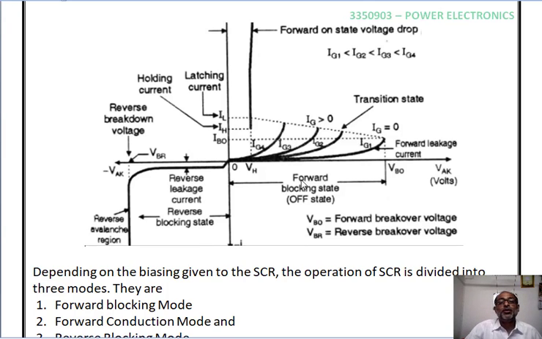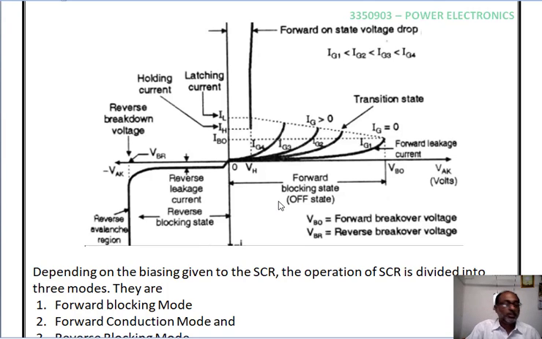That means you can apply positive voltage between anode and cathode, and its value is greater than its breakover voltage. So if the value of applied voltage is greater than the SCR breakover voltage, it will turn on.